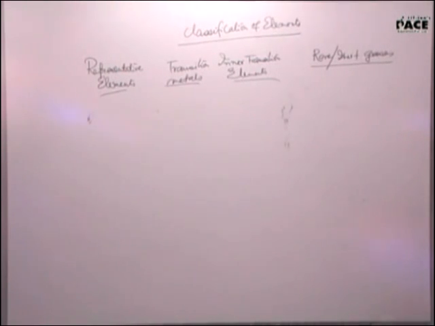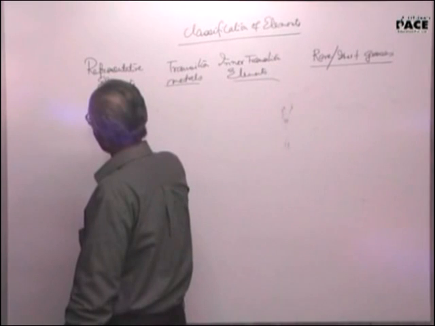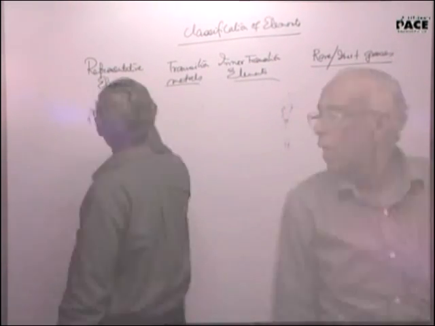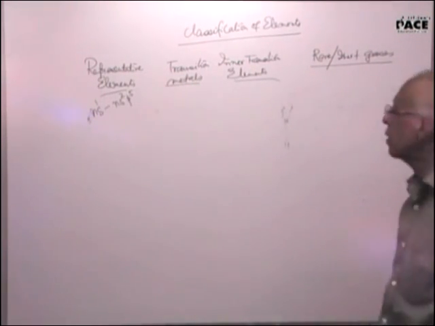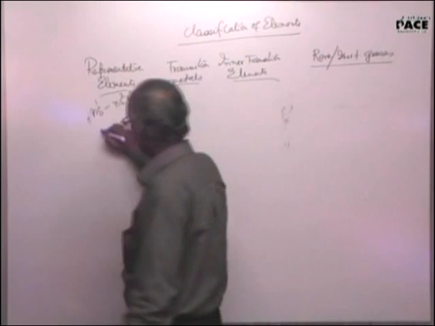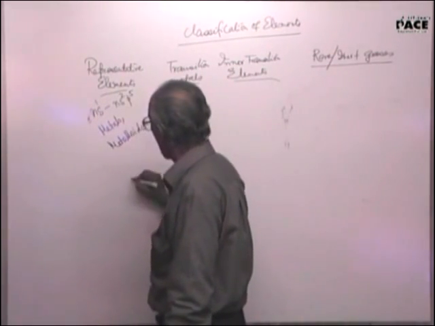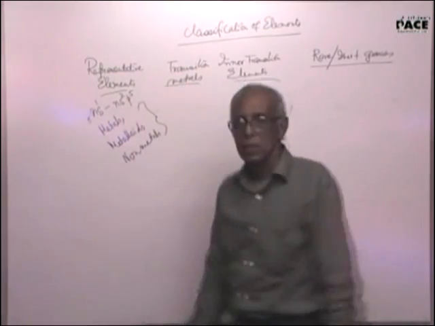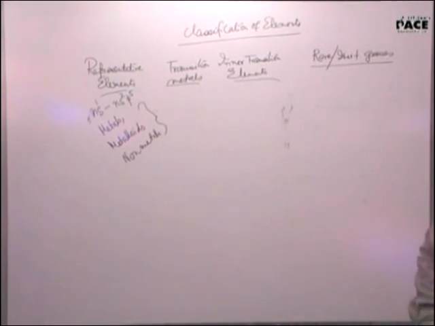The representative elements have the outermost electronic configuration ns1 to ns2 np5, and they include metals, metalloids, and non-metals. So these 3 types of elements belong to representative elements.